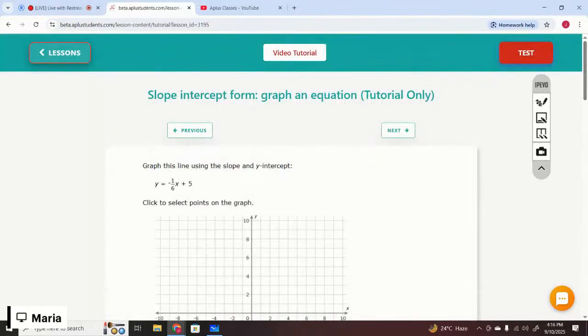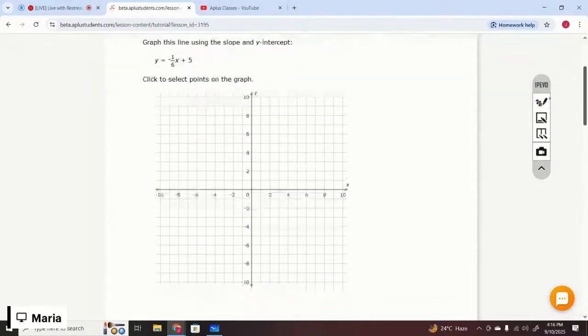Okay, let's just move on to next example. Graph the line using slope and the y-intercept.